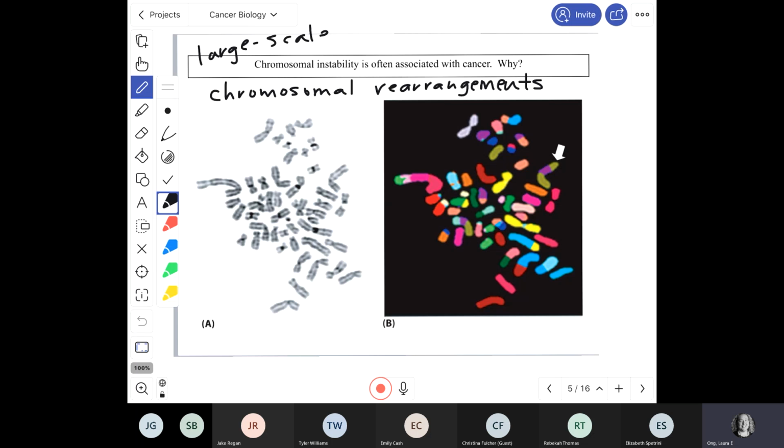So what you're looking at here is a karyotype, a picture of all of the chromosomes within a particular person's cell that is currently undergoing mitosis. And this would be in prophase, kind of late prophase, maybe middle prophase.